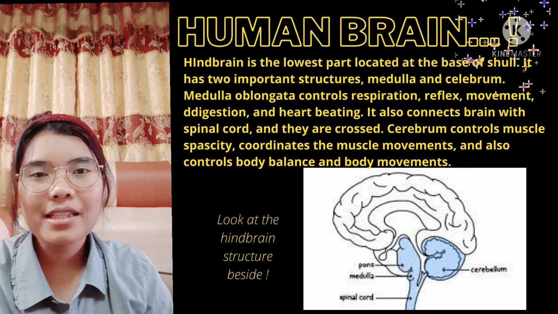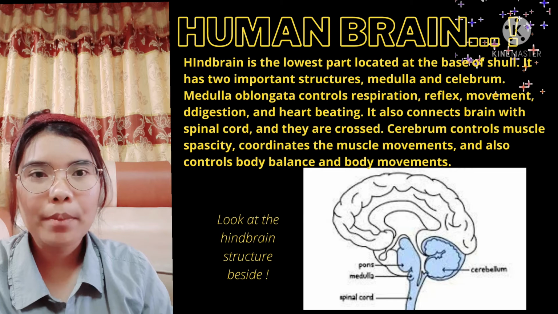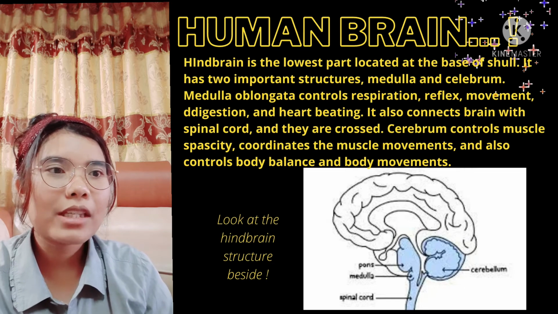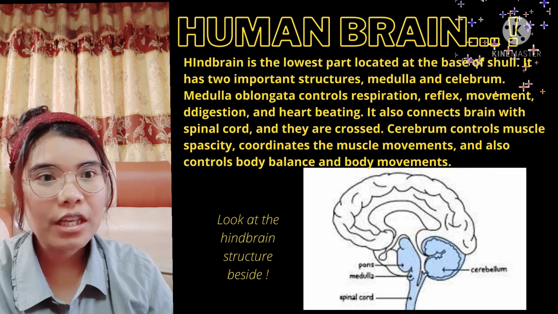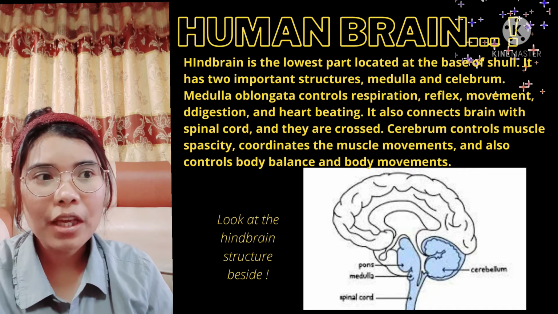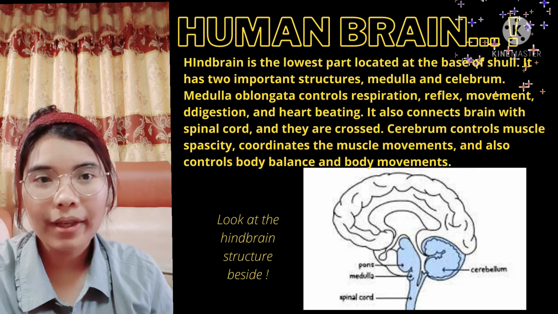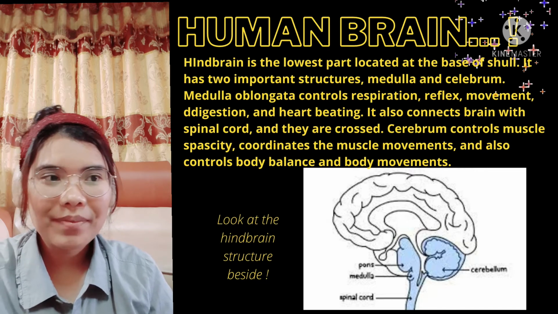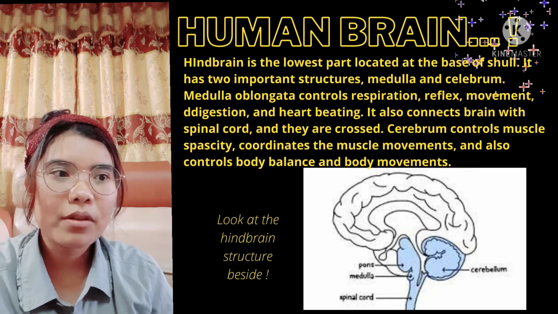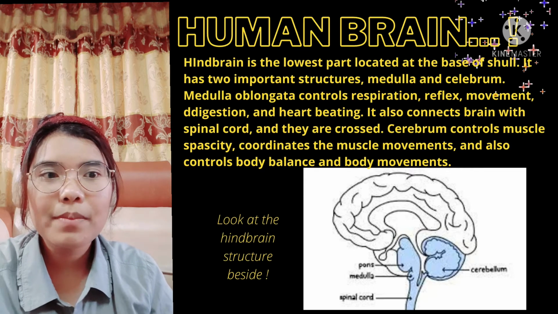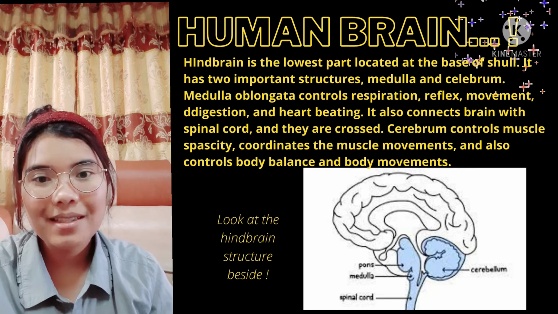It has two important structures, the medulla and the cerebellum. The medulla oblongata controls respiration, reflexes, movement, digestion, and heartbeat. It also connects the brain with the spinal cord, and they are crossed. The cerebellum controls muscle tone, coordinates muscle movements, and also controls body balance and body movements.